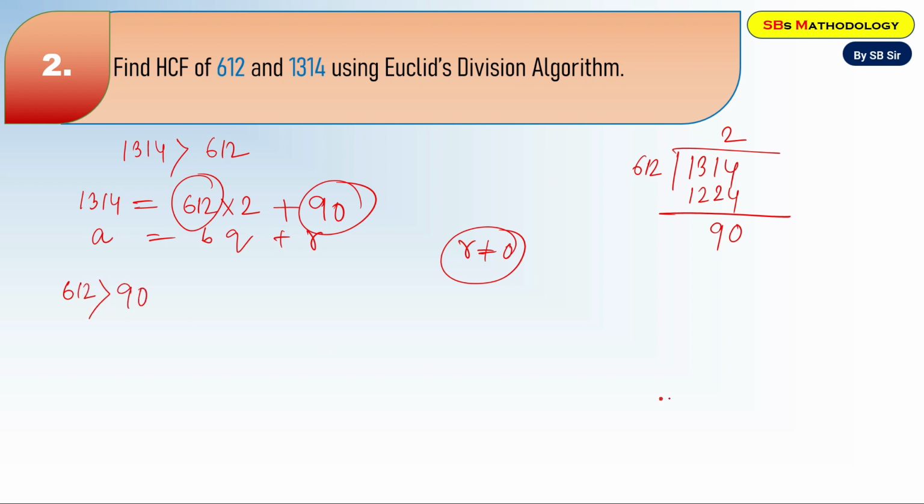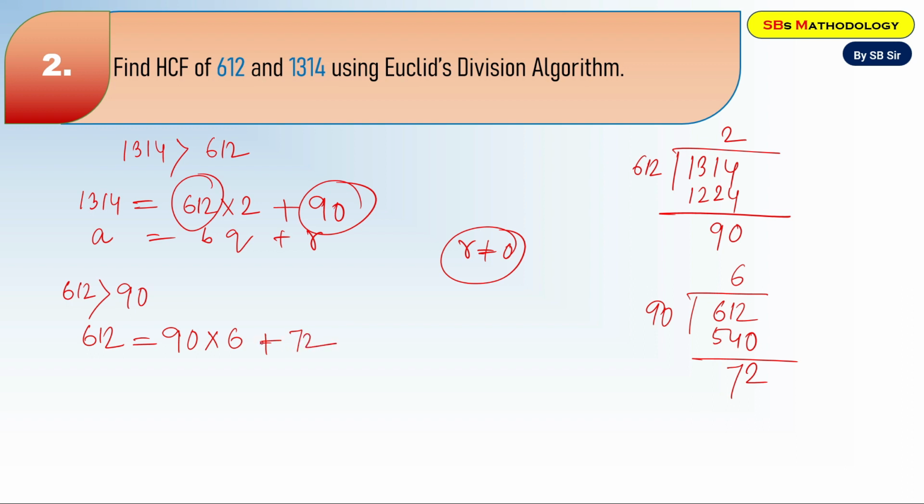So we have to divide the larger number, that is 612, by 90. So 90 sixes are 540, and the remainder is 72. So we can write 612 equals 90 times 6 plus 72.